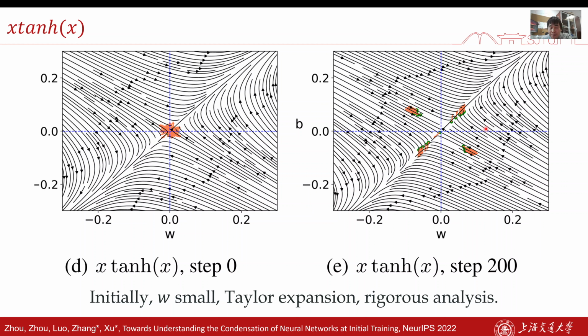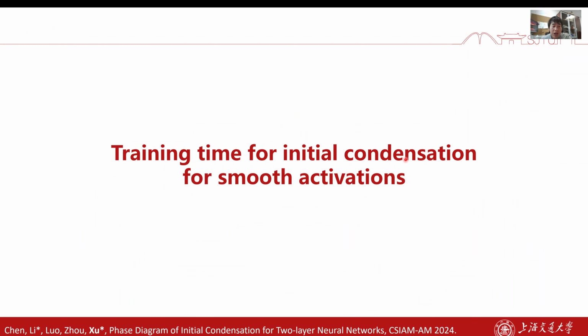And for more complex activation functions and network structures, such as convolution, with gradient flow training, we can always obtain similar results. The key thing is that these neurons have equivalent positions in the network structure. And we can further estimate the training time for initial condensation for smooth activation functions.